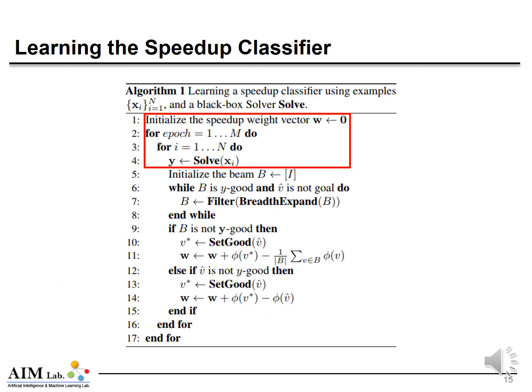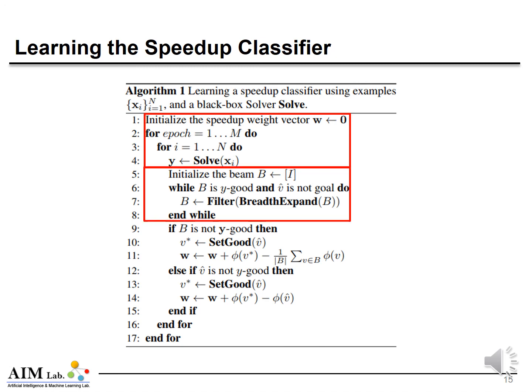This is the algorithm for learning a speedup classifier using a black box classifier. It begins by initializing the weight W to the 0 vector. We iterate over the examples for m epochs, and for each example xi, we first solve inference using the ILP solver to obtain the reference structure y.